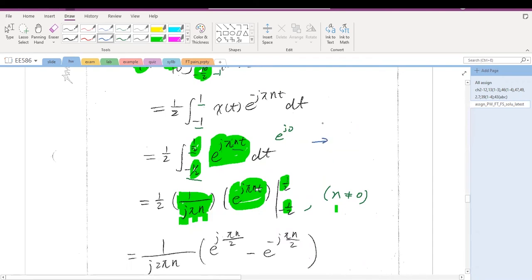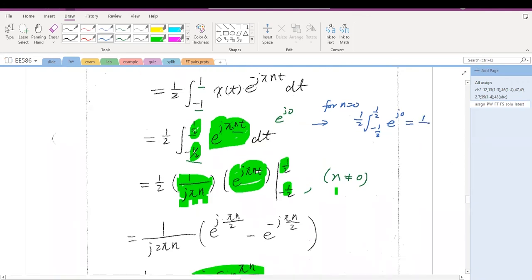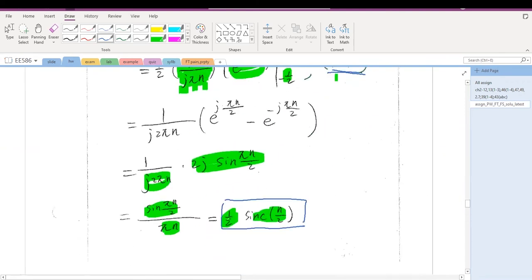It becomes the integral from minus half to half of e to the power j 0. What does this equal to? That equals half. And then we combine these two cases, n equals 0 and n not equals 0, it actually equals half sinc here.